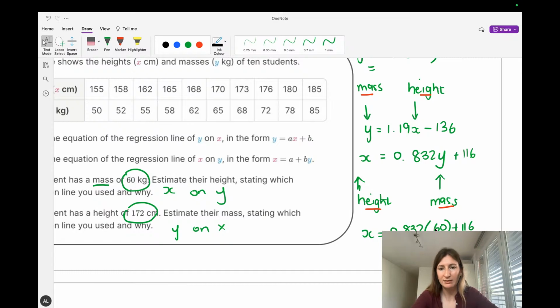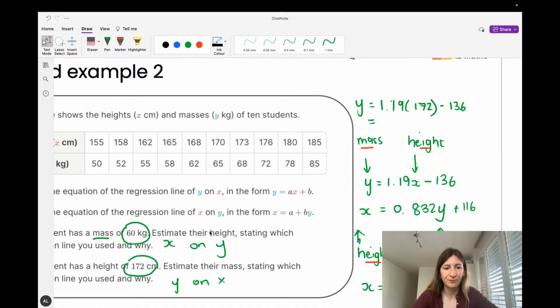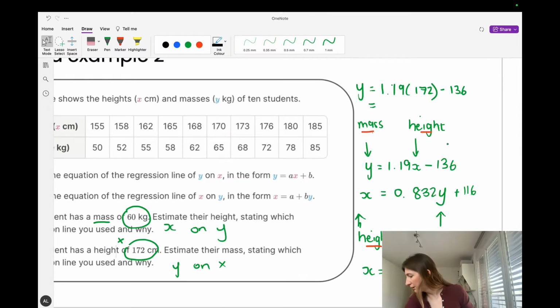So I input the mass times my Y to give me my X. But in this one, I was given an X value. Height was my X. So when I input my height, I want to get out the mass. Does that answer your question?